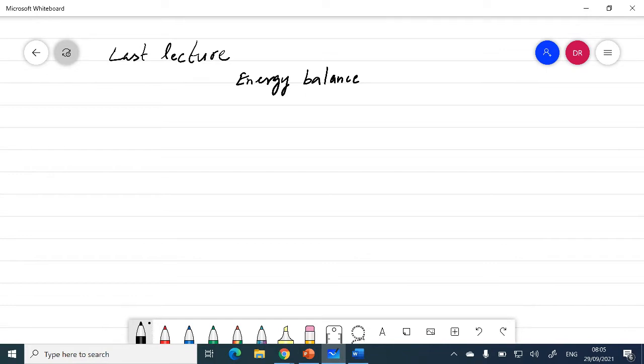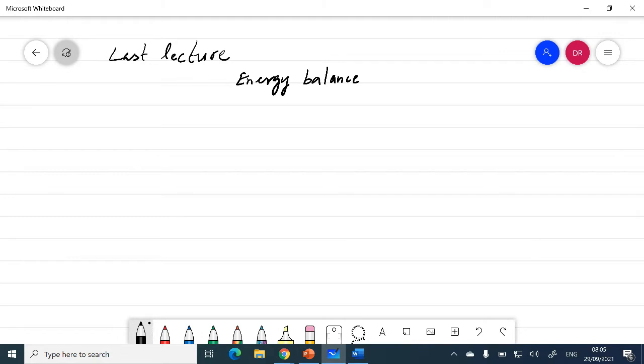We derived a simplified form of energy balance, and I identified the starting point. From that point you can start your energy balance, and after that we solved two examples.